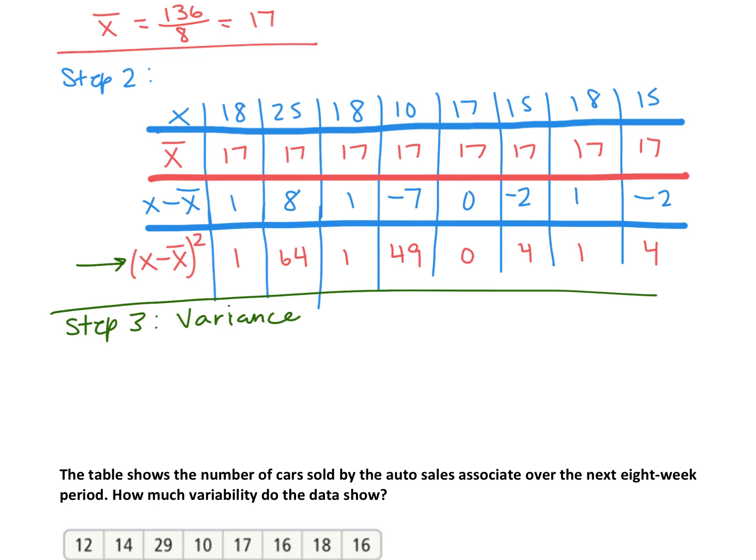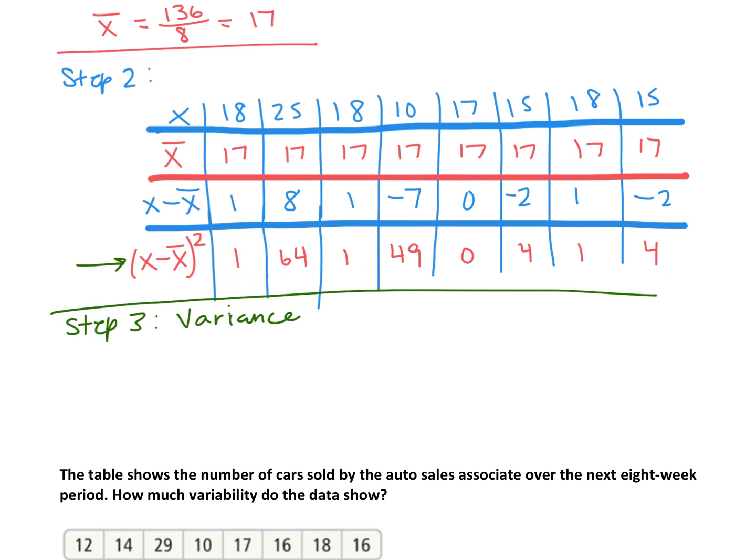So the variance is going to be the average of these. So we're going to find the average of this last row right here.